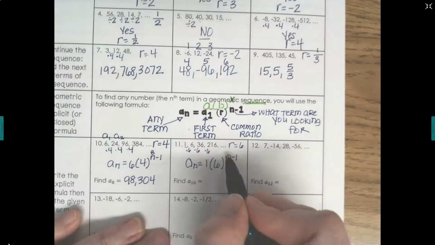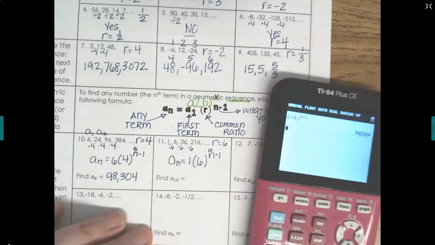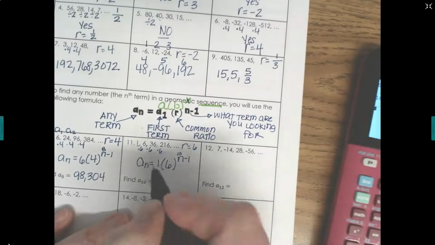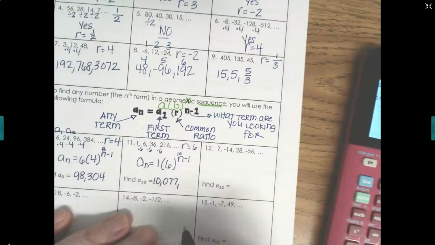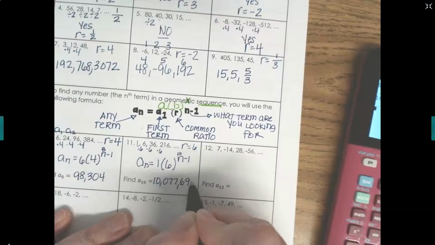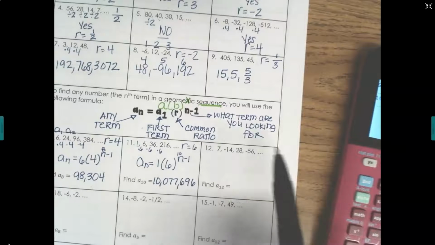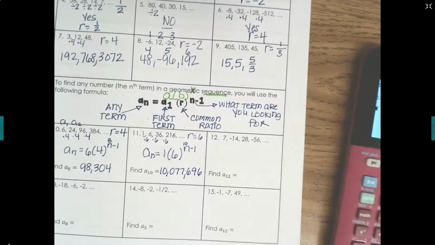We specifically want the 10th term, so you're going to place 10 where the n is. So we have 1 times 6 raised to the 10 minus 1. Ooh, that's a really big number. That gives us 10,077,696. So we could have just kept multiplying this by 6 by 6 by 6 each time, but we can jump to it, and that's the whole point of the geometric sequence, so we can find our term immediately.